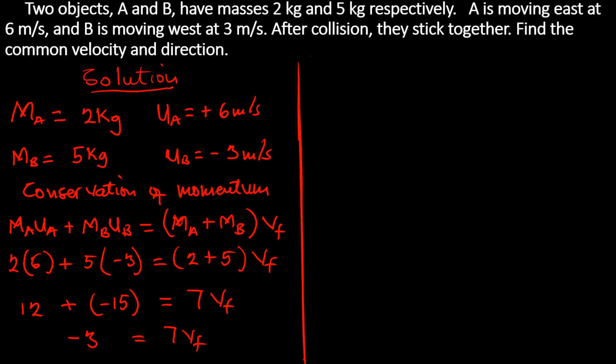Let's make V the subject. So final velocity V is equal to minus 3 over 7.